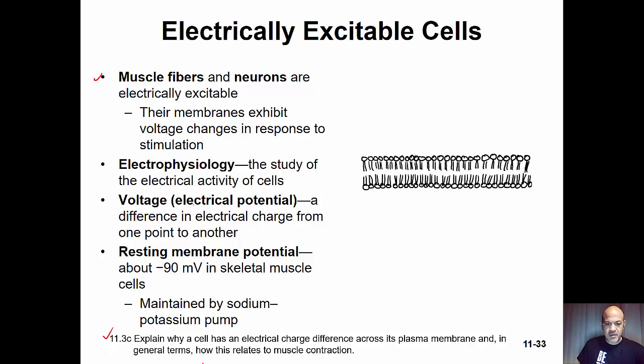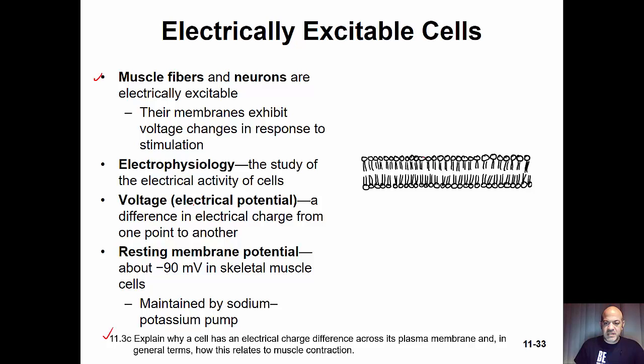So the cell membrane in the muscle cell, called the sarcolemma, is going to have a resting membrane potential of negative 90 millivolts. I've drawn here a phospholipid bilayer, to explain why there is a difference in charge.